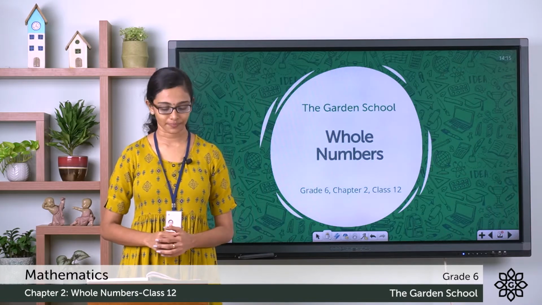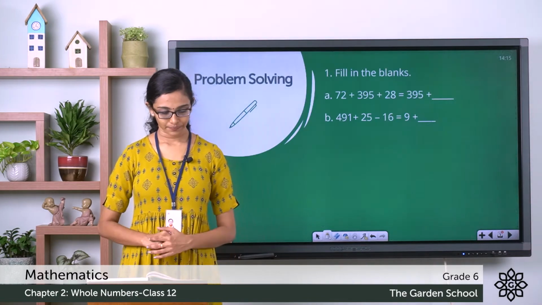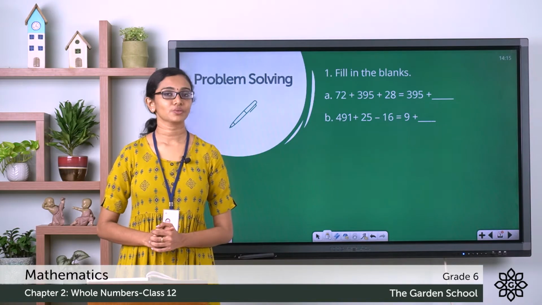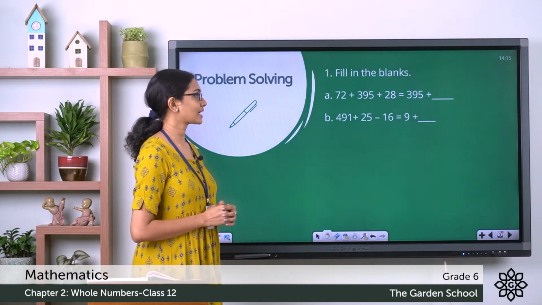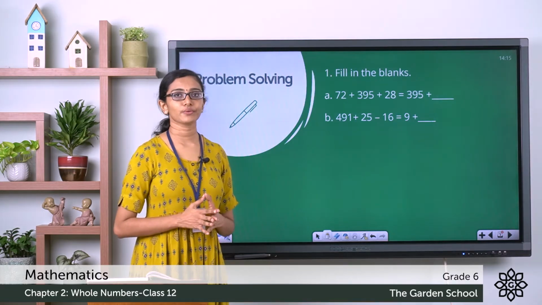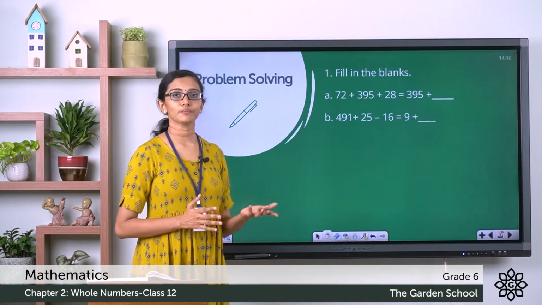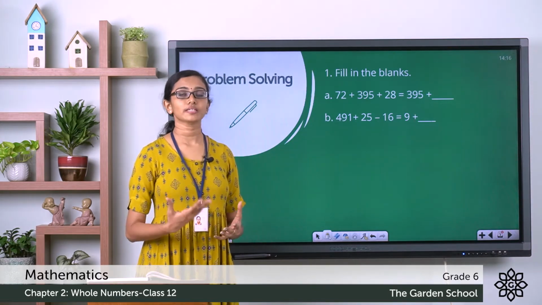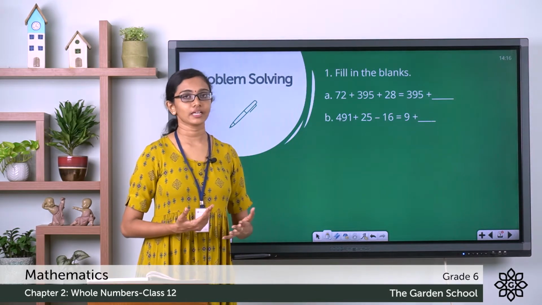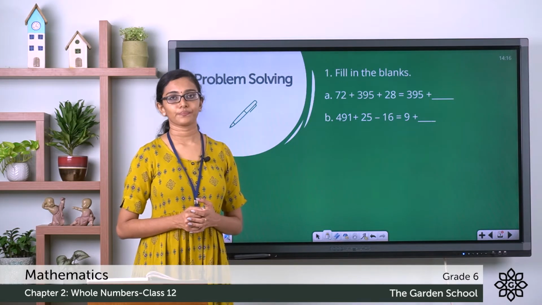The first question, fill in the blanks. Here we have two questions. Let's see the first one. 72 plus 395 plus 28 is equal to 395 plus dash. We have learned even if we change the order of the addends in an addition, the sum remains the same.